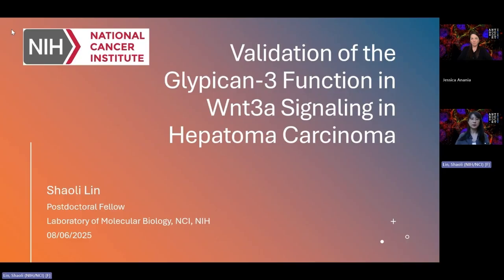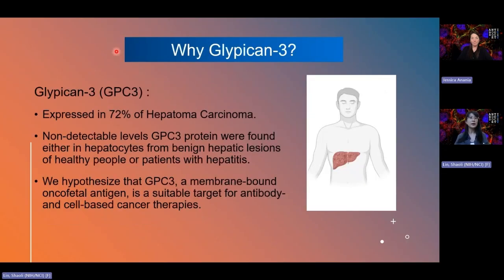So why do we focus on glypican-3? Because GPC3 is expressed in over 70% of hepatocellular carcinoma, which is a major type of liver cancer. There are no detectable levels of GPC3 protein in hepatocytes from benign hepatic lesions, healthy people, or patients with hepatitis.